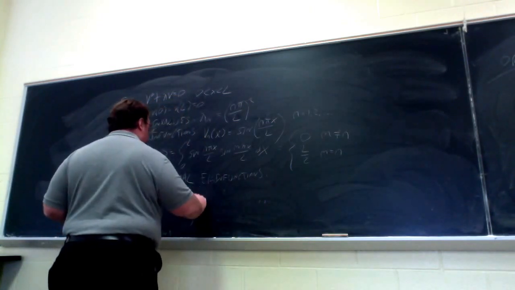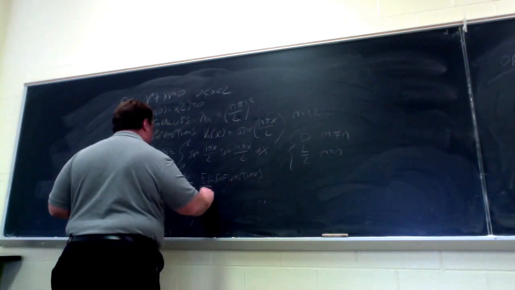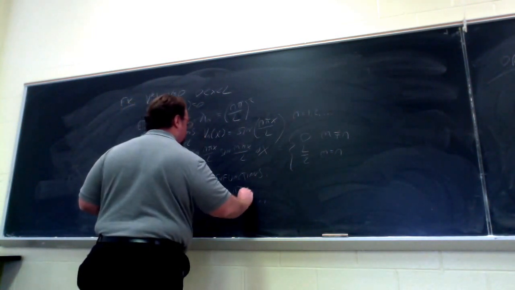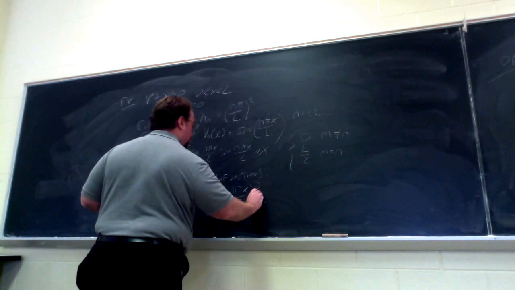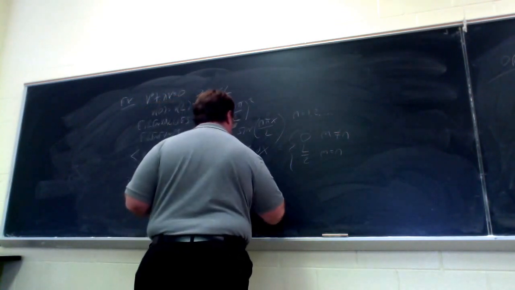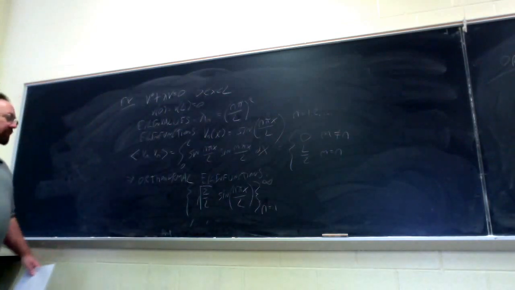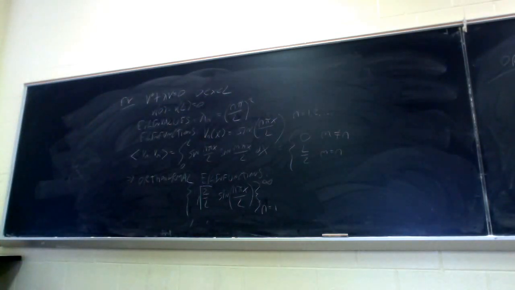So this orthonormal set is square root of 2 over L times sine n pi x over L, going from 1 to infinity.